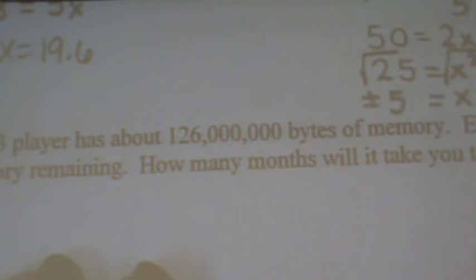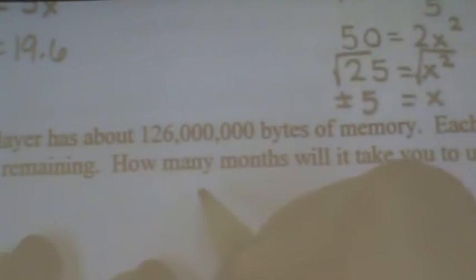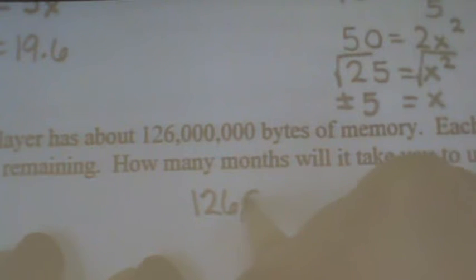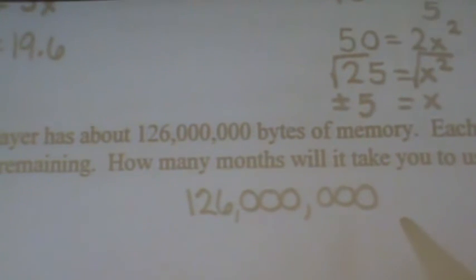How many months will it take for you to use a quarter of this memory? So, you're gonna use this formula. The initial amount is 126 million. Now, if you use a quarter of that amount, what is that gonna be? A quarter of the amount will be 0.25.